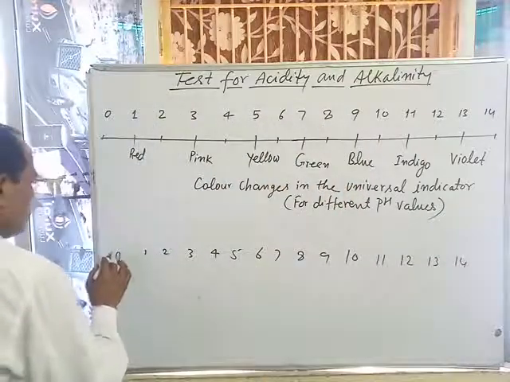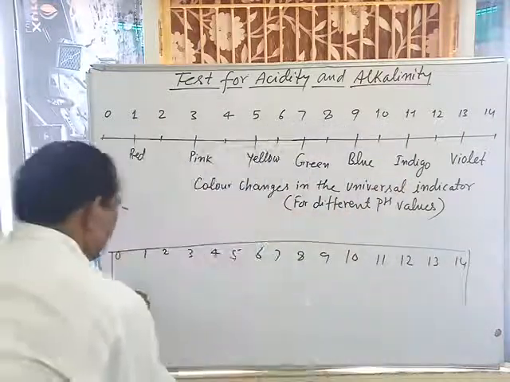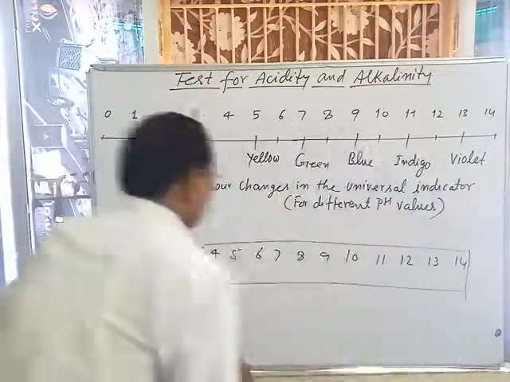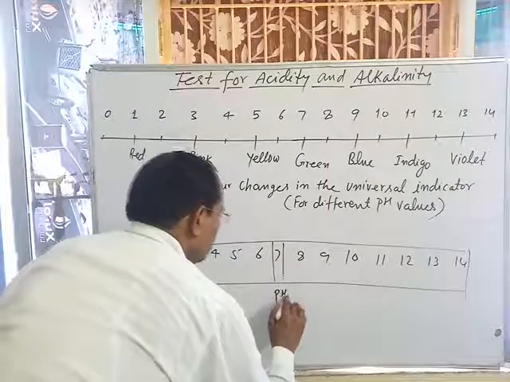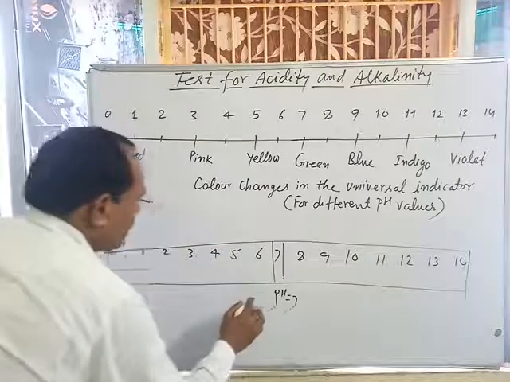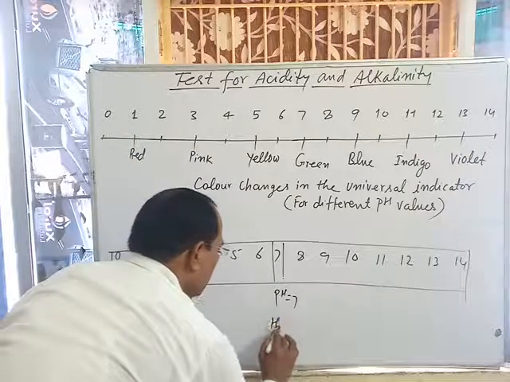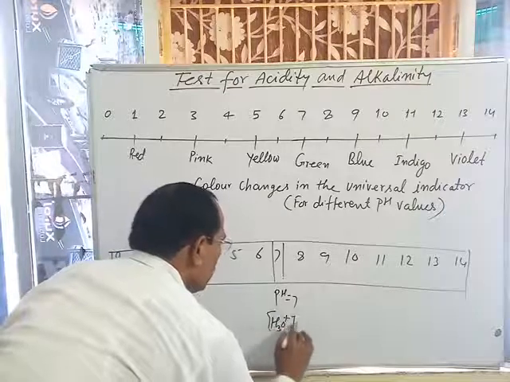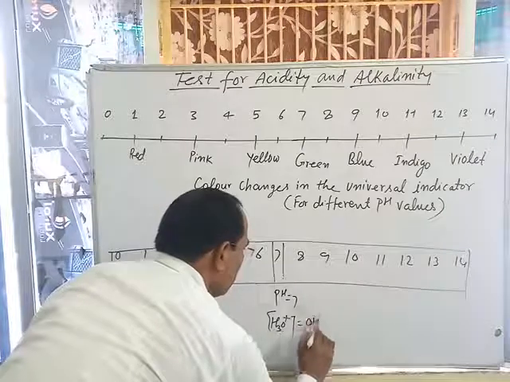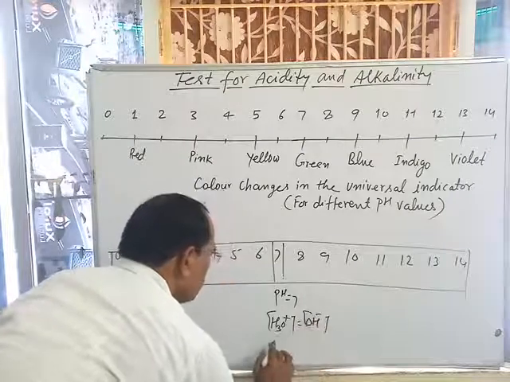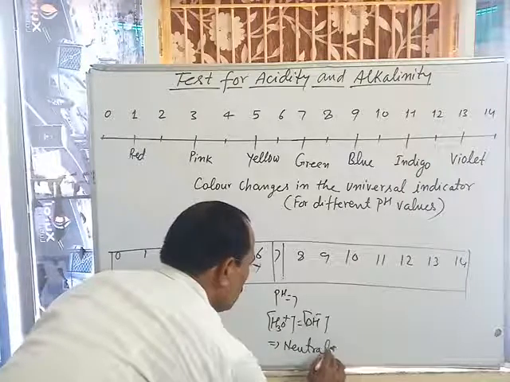On this scale, pH equal to 7 is for a neutral solution, where the hydronium ion concentration equals the hydroxide ion concentration. That's why the solution becomes neutral.